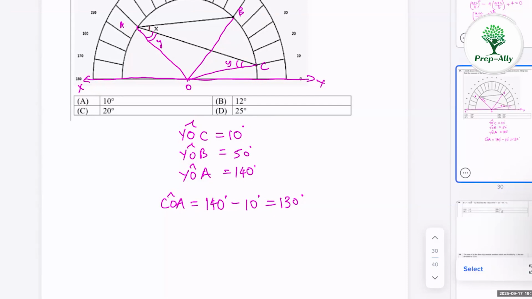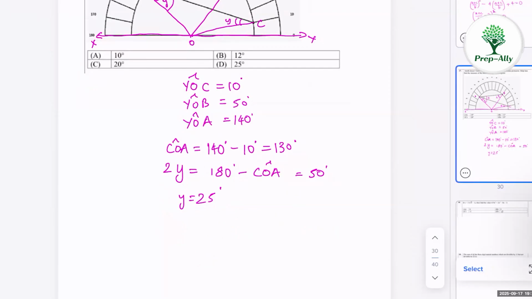And in this triangle, this angle is the same as this angle, let's say some z. So 2y equals 180 minus COA, which is 50 degrees, so y is 25 degrees.